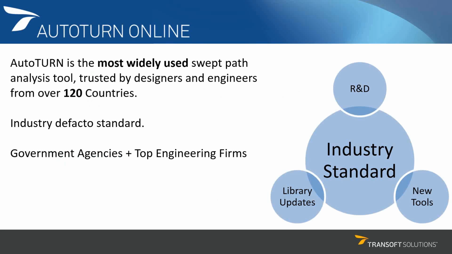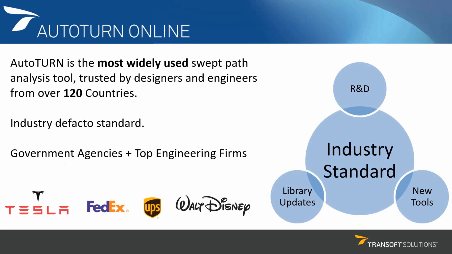Our vision is to advance this technology so that it can be licensed to other parties that have swept path needs, as opposed to them developing their own version and maintaining it. Some of our clients worldwide, Tesla, FedEx, UPS, Walt Disney, and a lot of agencies and important players worldwide are part of our clients.